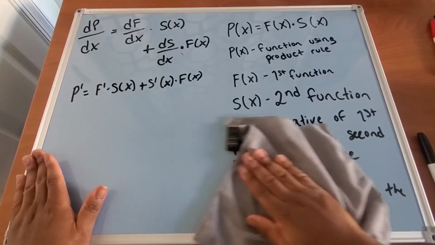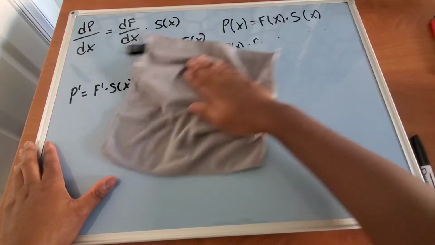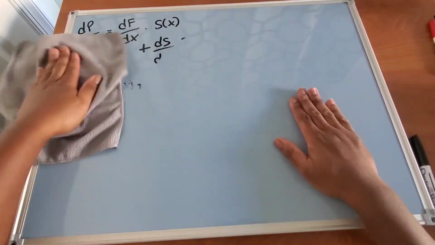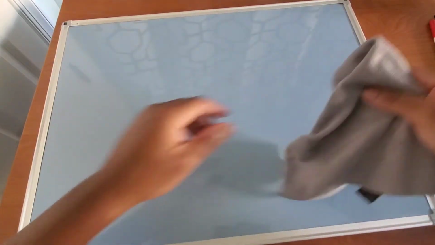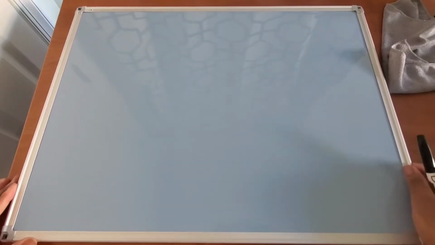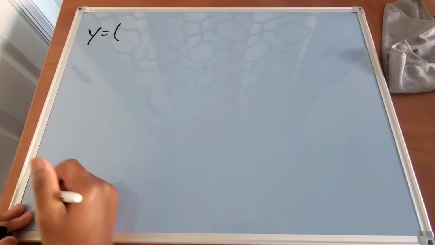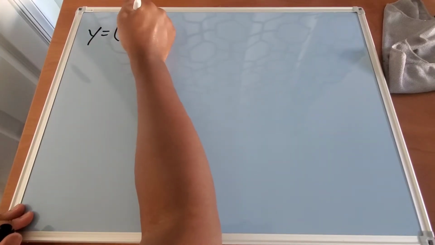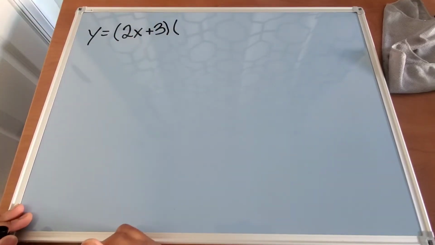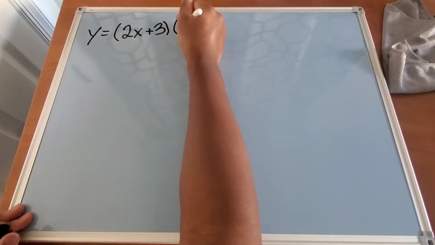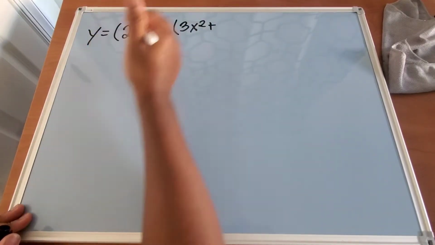So going into some examples. First question is going to be y is equal to 2x plus 3 times 3x squared plus 2x cubed.